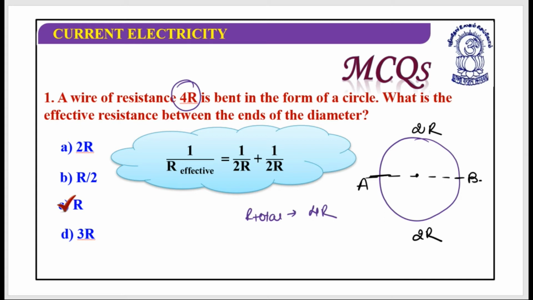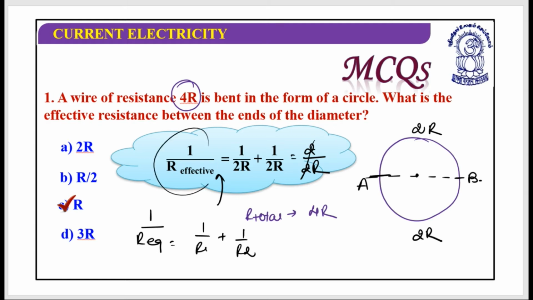Then R equivalent can be calculated as 1 by R equivalent is equal to 1 by R1 plus 1 by R2. So 1 by R effective is equal to 1 by 2R plus 1 by 2R. While I calculate this, it's 2 by 2R, which is 1 by R, and that is 1 by R effective. What I require is R effective, so R effective is R.